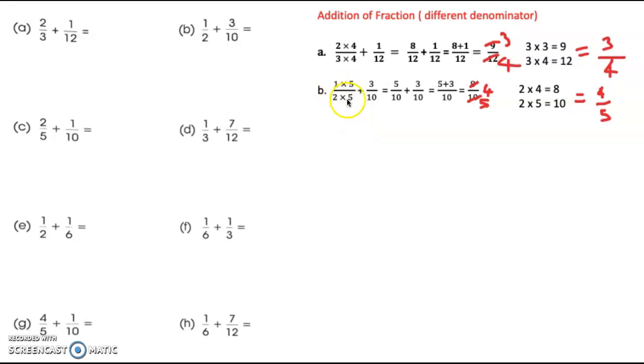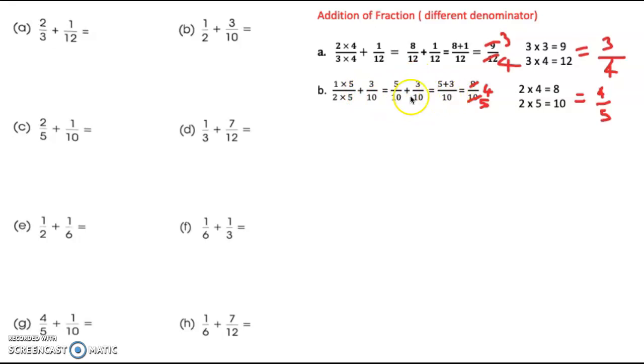If I multiply the denominator by 5, I have to multiply the numerator also by 5. With this I get the equivalent fraction 5 over 10, and then I bring the other fraction as it is, plus 3 over 10, because the denominator is already 10.